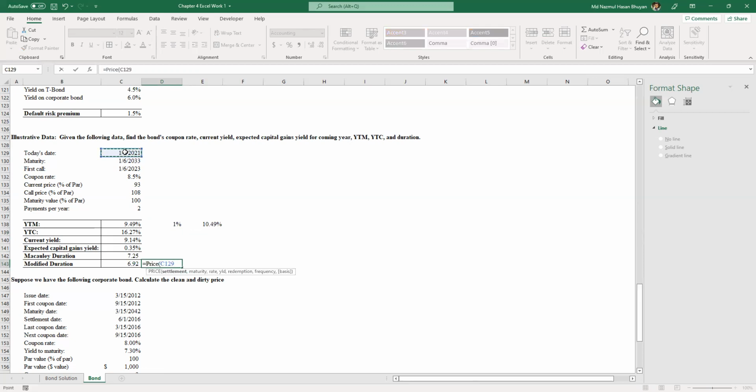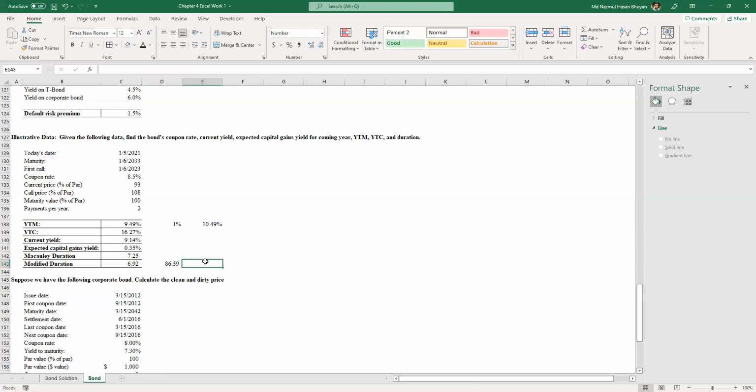Settlement date, maturity date, rate, yield to maturity, redemption, frequency. Now you can see, whenever interest rate increases, bond price decreases. Now let us calculate the dollar change here. 93 minus this. So how much? 6.41%.